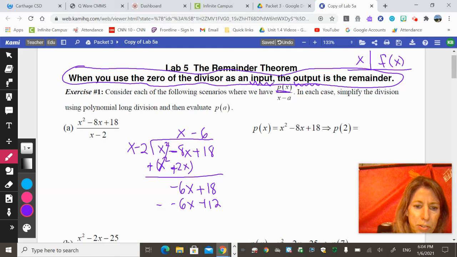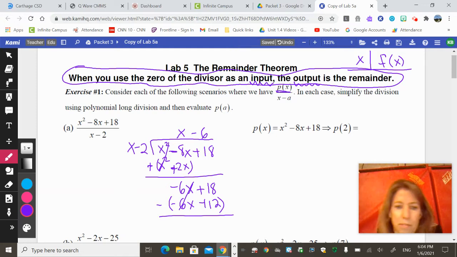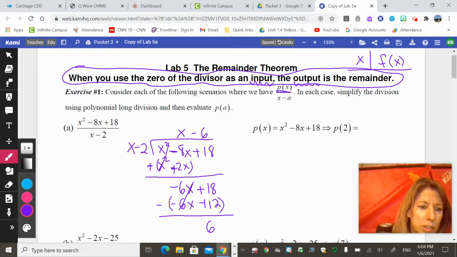I'm going faster because we've already learned long division and practiced long division. And 18 minus 12 would give me a remainder of 6. So I'd write my solution: my quotient is x minus 6, and then I have a remainder of 6, and I put it over the divisor of x minus 2.